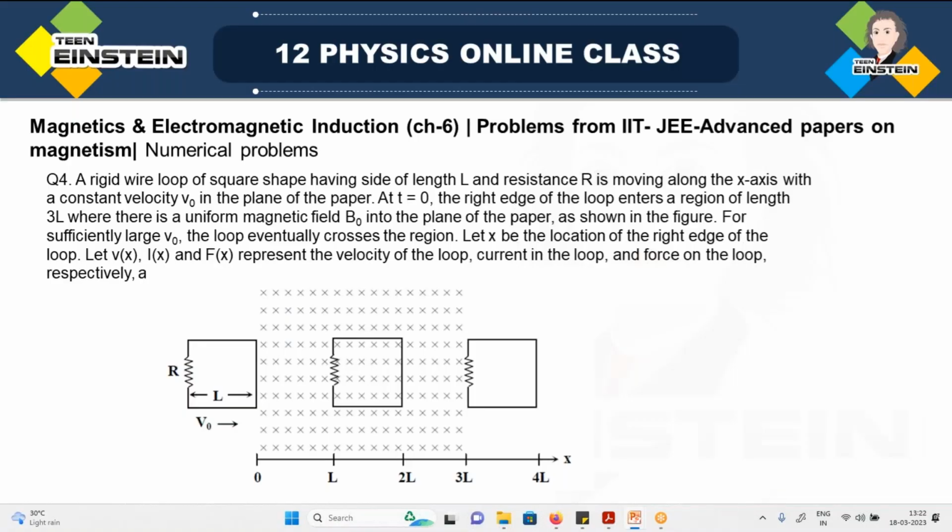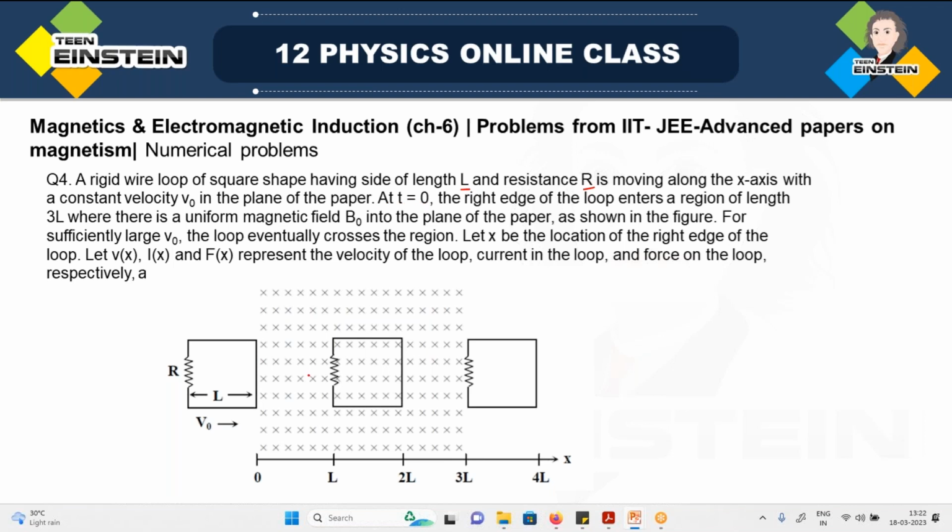This question says a rigid wire loop of square shape having side of length capital L and resistance capital R is moving along the x axis with a constant velocity v in the plane of the paper.